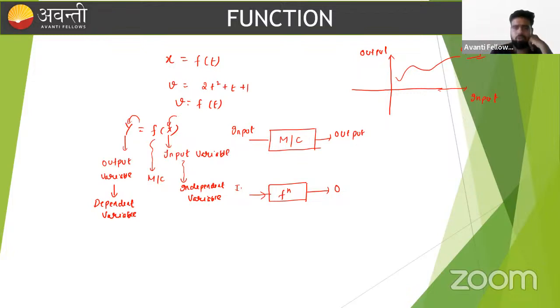The input variable is always represented on the x-axis and the output variable on the y-axis. The collection of input variables is known as the domain, and the collection of output variables is known as the codomain.